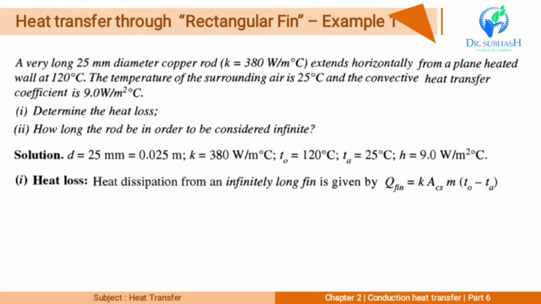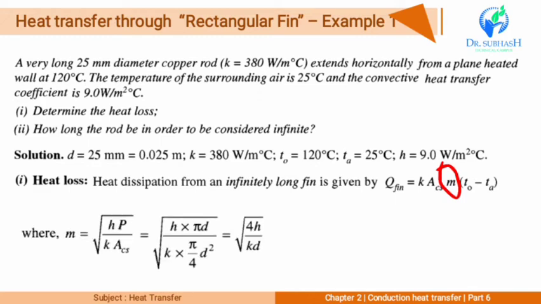Here the conductivity k is given, and the area, pi by 4 D square, we can calculate from the diameter. The temperatures are also given, T0 is 120 and TA is 25, but m is required for the calculation of the heat loss from the fin. So first of all we calculate m.